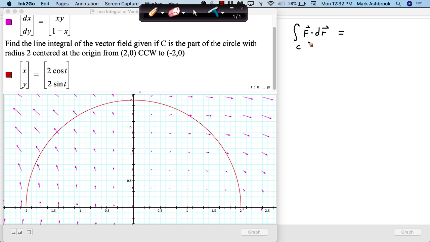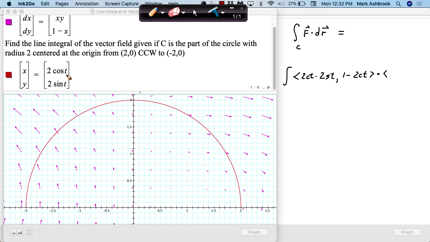So that means we need to get f in terms of t. So what will that be? All right, I'm going to use c and s for cosine and sine, okay? So c means cosine, s means sine, dot dr. That'd be negative 2 sine t, 2 cosine t.